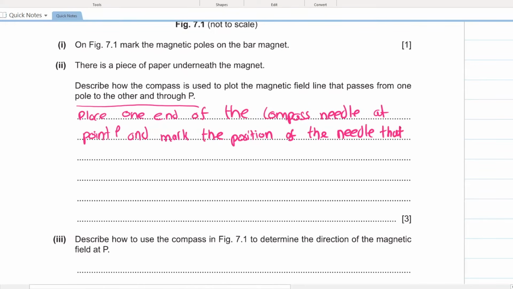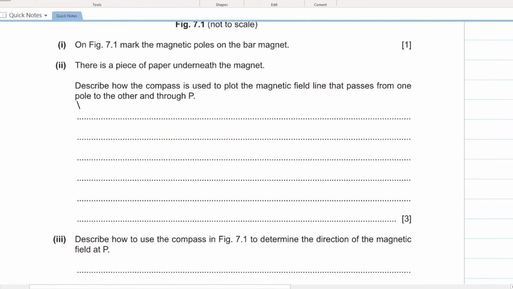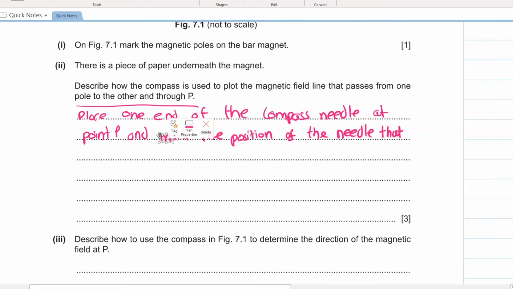You can phrase it like this, and mark the other end of the needle. What do I mean by that?